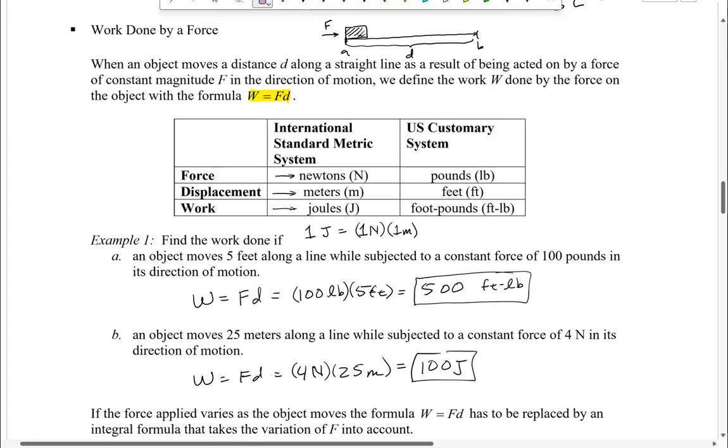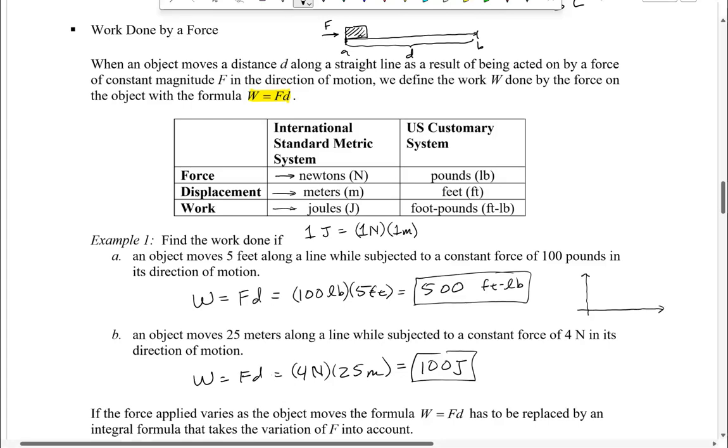Anyway, what I'd like you to notice before we move on, because there's no calculus here, obviously, is that you can imagine these two values as representing an area.